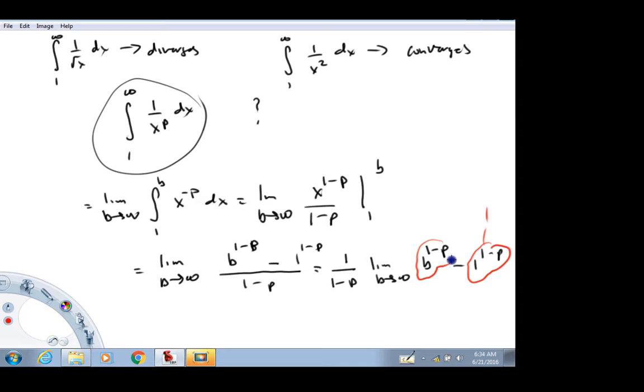This, however, as b goes to infinity, whether or not this thing converges or diverges depends basically on whether or not b ends up upstairs or downstairs. I'm going to take a moment here, get rid of some of this, and put this center stage because it's really all about this term that I want to talk about.